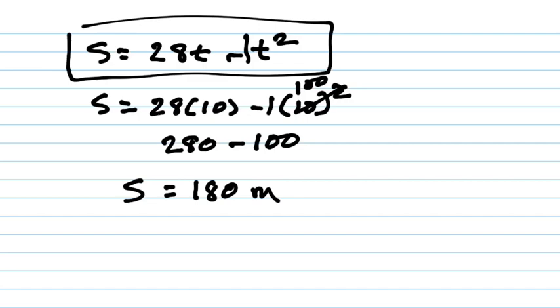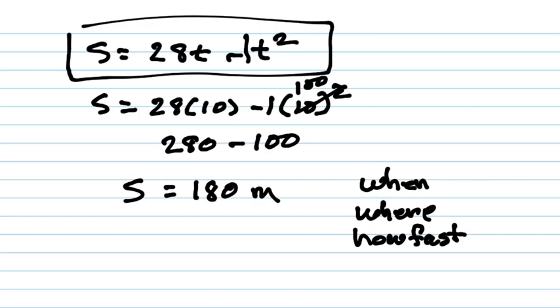Okay, so 180 meters. When will the car stop? Sorry? When will the car stop? Okay, if it's stopped, what thing is 0? Yeah, it says when, so that means we're looking for a time, right? Remember those two clues. We can look for when, where, and how fast, right?